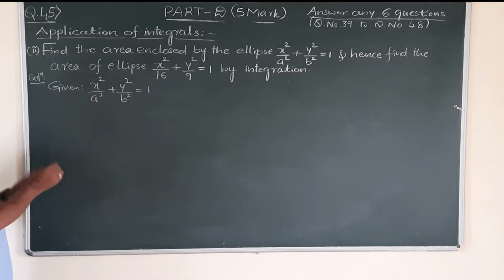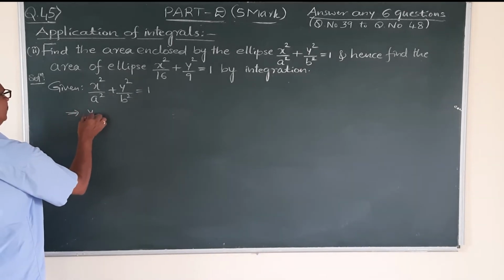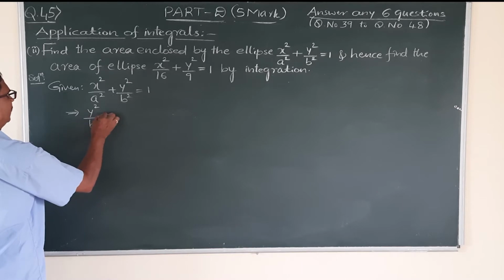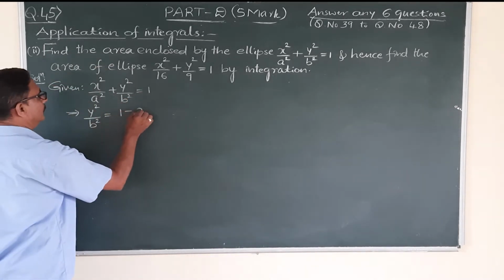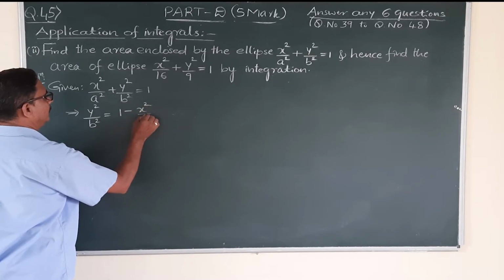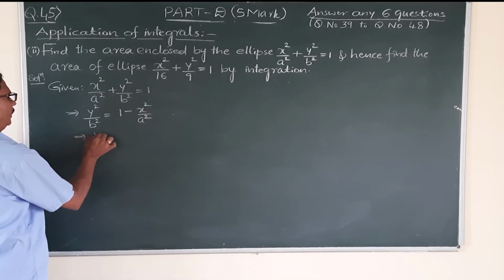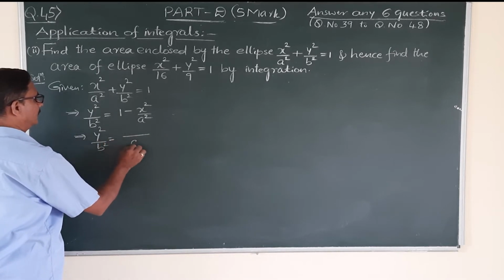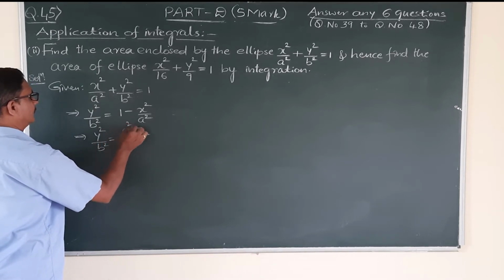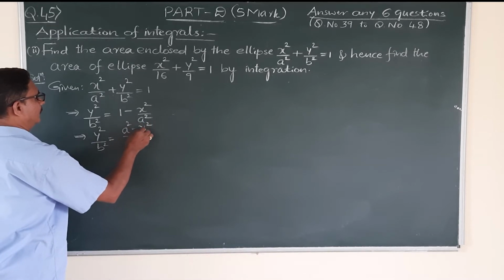Using this to find out the value of y, this implies y square by b square is equal to 1 minus x square by a square, that term goes to right side. Or y square by b square is equal to, LCM is a square, that is a square minus x square.